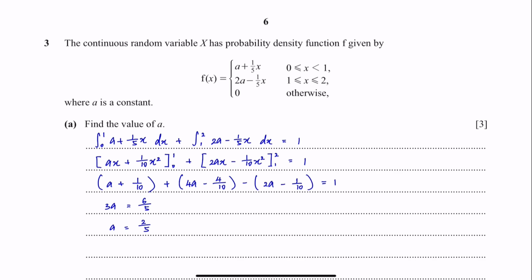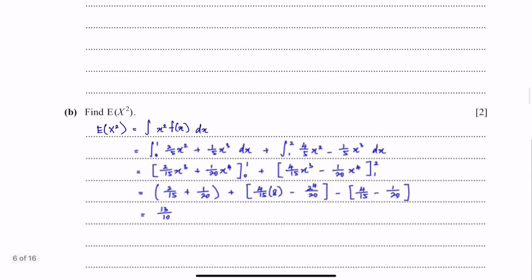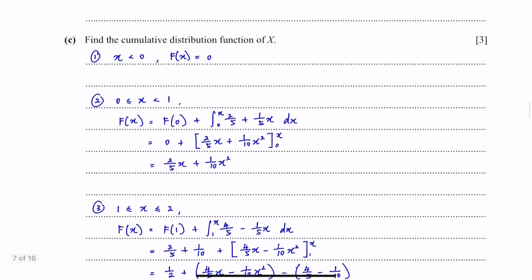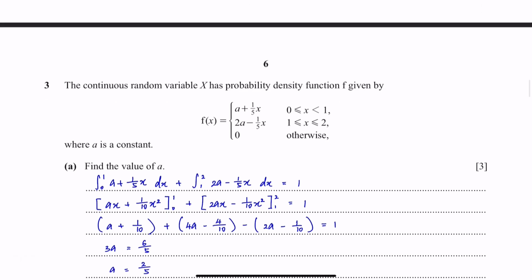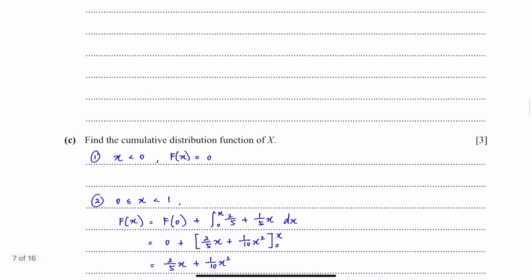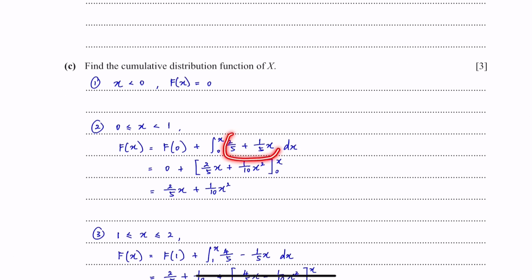So the probability would be a 0, and that's why the first step is when x is less than 0, F(x) equals 0. And for the second step, when x is in between 0 and 1, we have this function over here. So to find the CDF, we integrate this function.